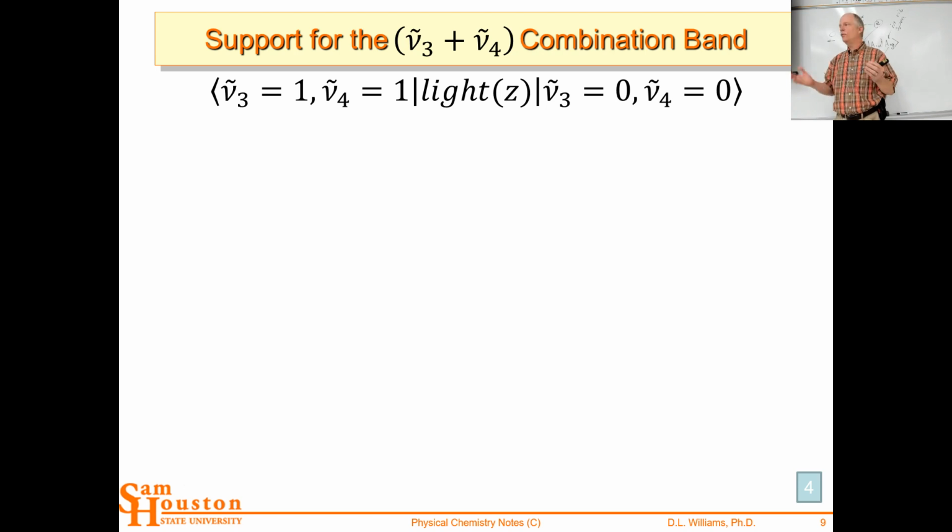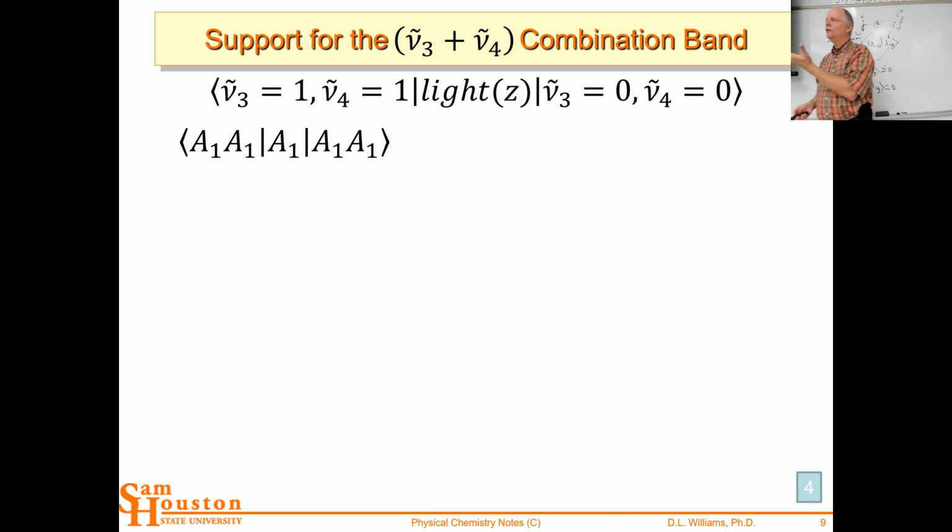So we have 12 vibrations. We're only showing you the 2 that are changing. So we would have 12 zeros on the right, and we would have 10 zeros on the left with 2 changes. The Nu 3 and the Nu 4 would be 1s. I've simplified it and gotten rid of all of the ones that don't change, just showing you the ones that change. So these are the symmetries for all of those.